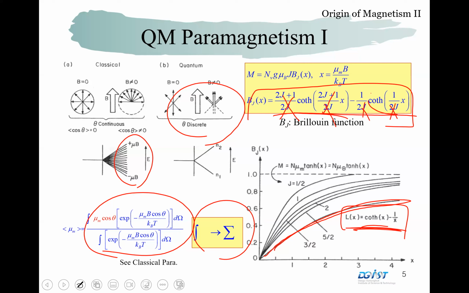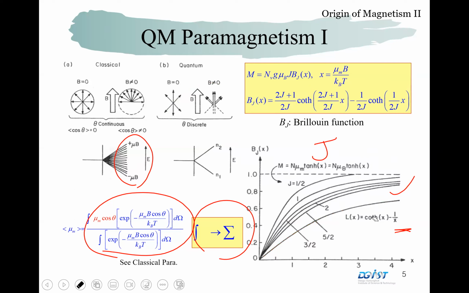And if you take the approximation of the hyperbolic cotangent, then we got this result for large J. If you take the limit of J to infinity, we get the classical limit, the classical result. Many quantum mechanical results can be changed to the classical one by proper approximation.